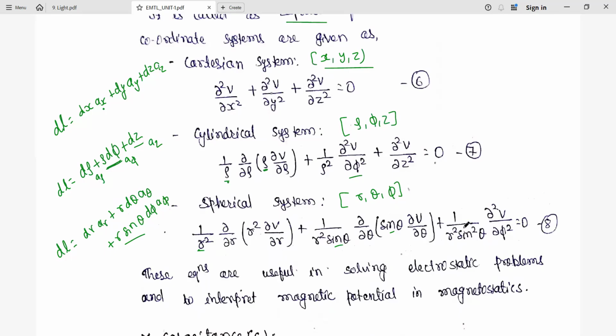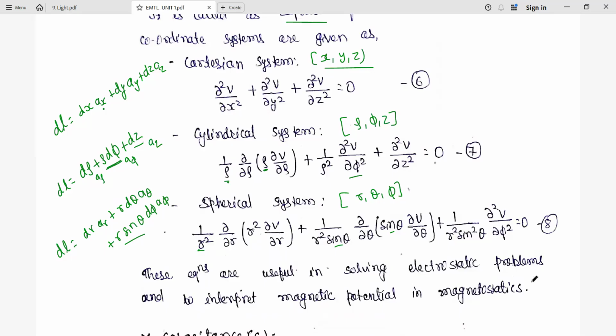This is how we are able to write the Laplace equation in all three coordinates. This is very useful when we have to solve electrostatic problems or interpret the magnetic potential in magnetostatics. In both electrostatics and magnetostatics, the Laplace equation plays a big role.